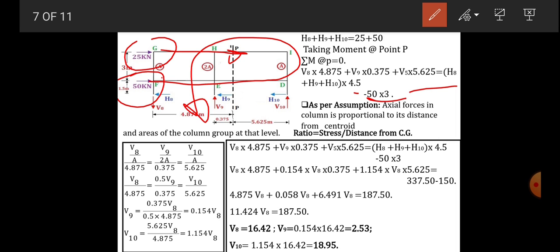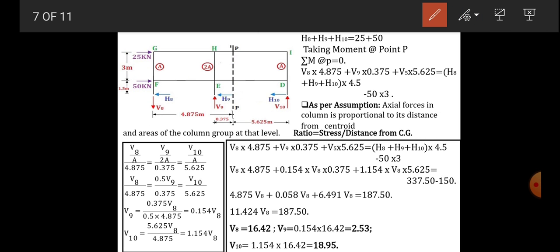Now, as per the assumption, the axial force in a column is proportional to its distance from the centroid and the area of the column group at that level. Or we can say the ratio of stress to distance from the CG of each column is the same. That ratio is the same. Same thing is mentioned here.